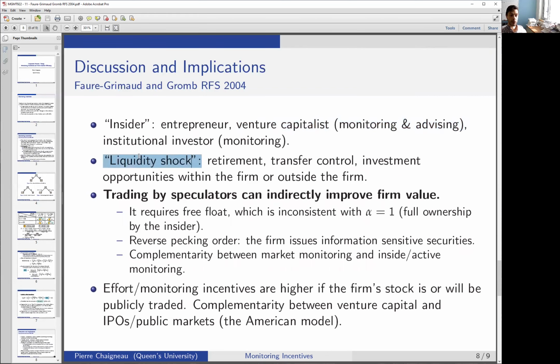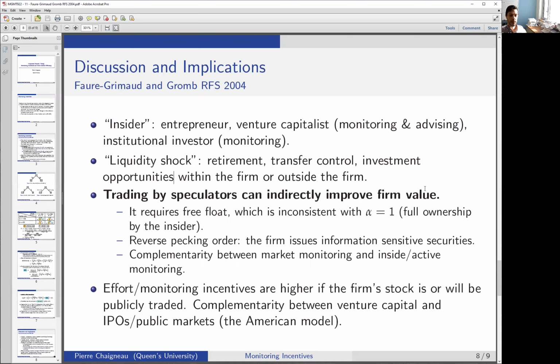What is the liquidity shock to which this insider, so potentially venture capitalist, is exposed? It can be simply that maybe he's going to retire, they want to transfer control, they have other investment opportunities for which they need to free some capital. So they might want to sell their shares for reasons that have nothing to do with firm value.